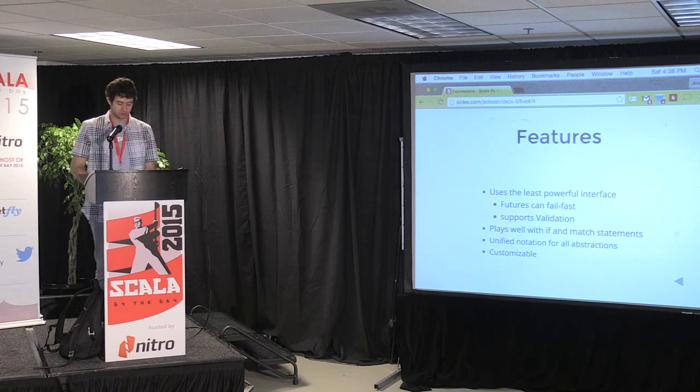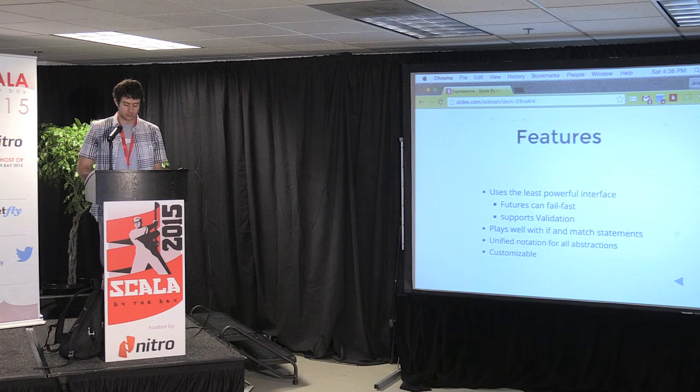It plays well with if and match statements. This is one of the reasons that I think the Scala async await project was created, because for comprehensions don't really match well with if and match statements. When you mix them together, you end up with this blob of code that's not always super readable. So it plays well with if and match statements.